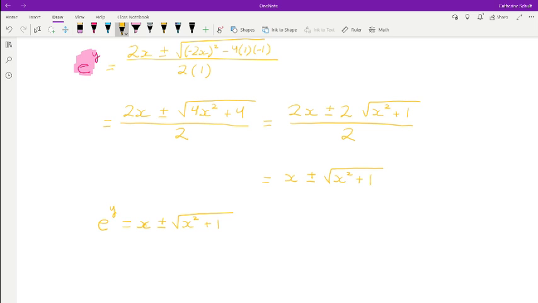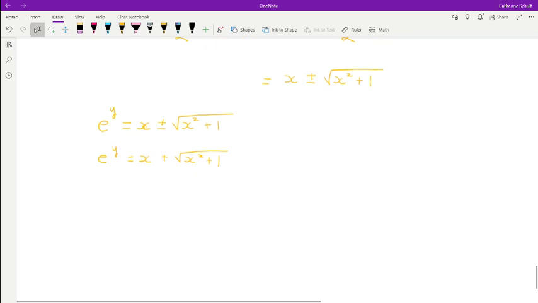Okay, and then because it's 1 to 1, we're going to say that e to the y is equal to just x plus the square root of x squared plus 1. And then we're almost done, right? This is an intense little proof. Okay, so then we have e to the y is equal to this.